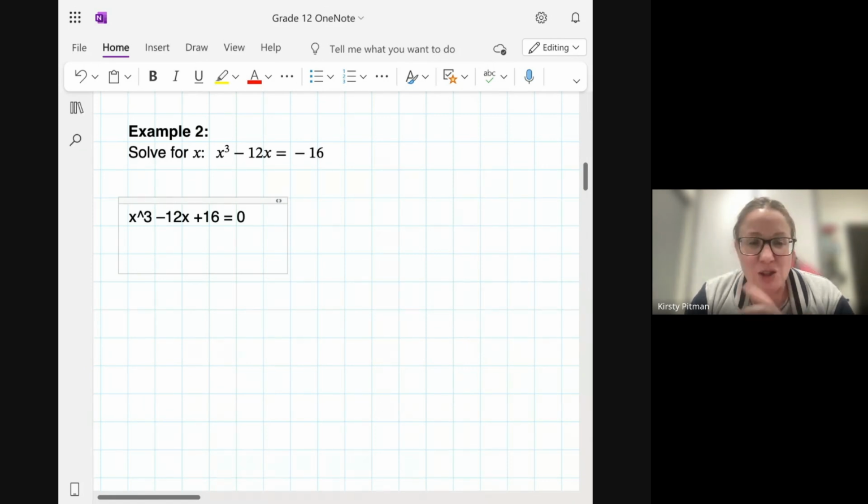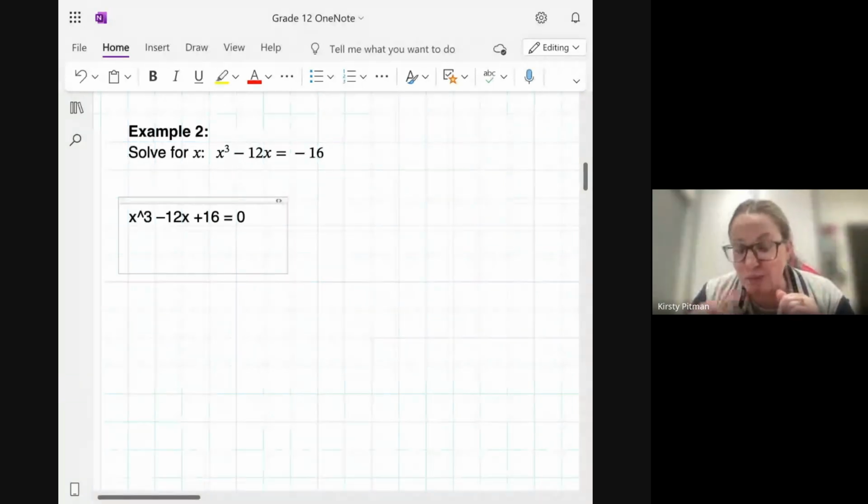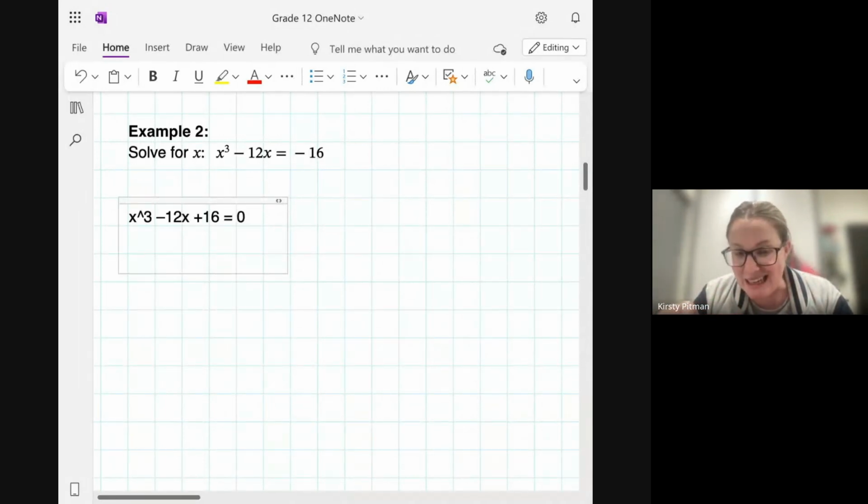All right. Is 1 one of the solutions for x? Now we're going to go up to 2. Thanks, Lorato. So open brackets, 2 to the power of 3 minus 12, open brackets, times 2, plus 16 equals what on your calculator? What do you notice when you do that?